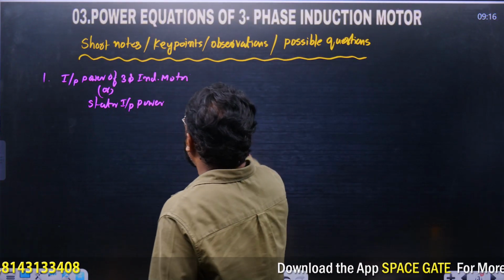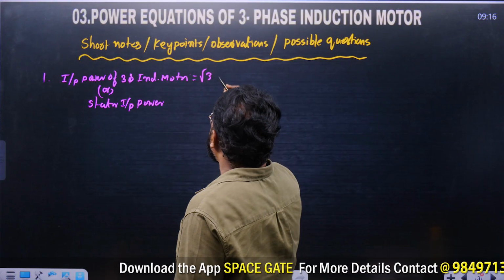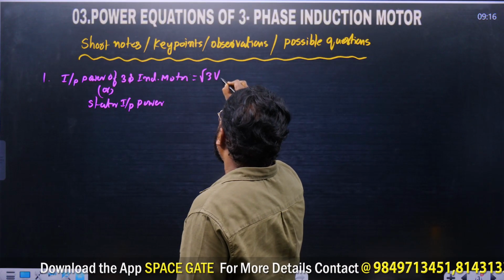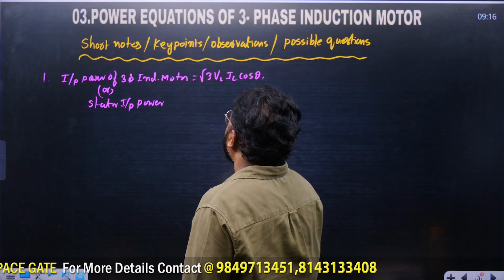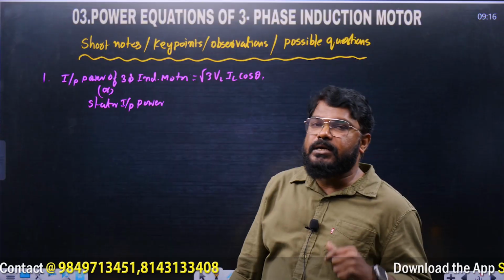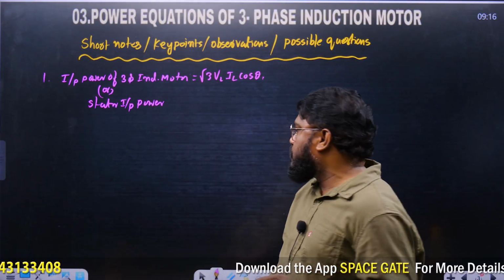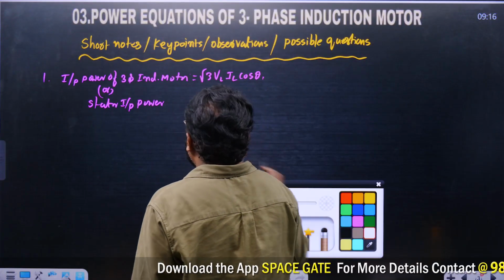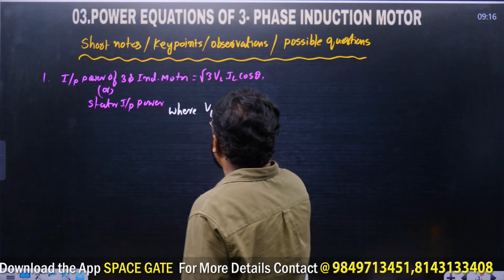This value can be found as √3 times VL IL cos theta 1, where VL is the supply line voltage, IL is the supply line current, and cos theta 1 is the input power factor.